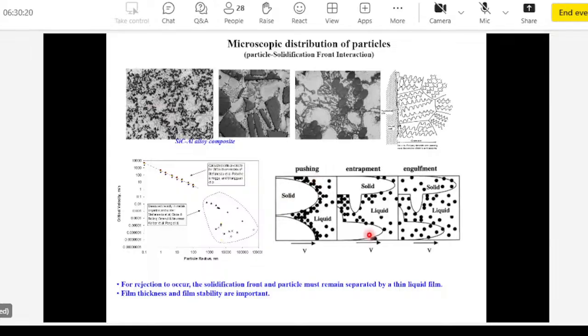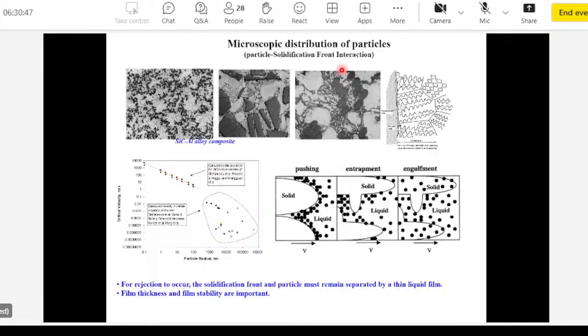Ideally, what you want to do is what is shown in this sketch over here. These are the particles suspended in the liquid here, and this is the growing cell or dendrite. So as the cell grows in the liquid, the particles may be entrapped between these neighboring dendrites, or they can be pushed ahead of this dendrite, which means the particles will end up in these kind of eutectic areas.